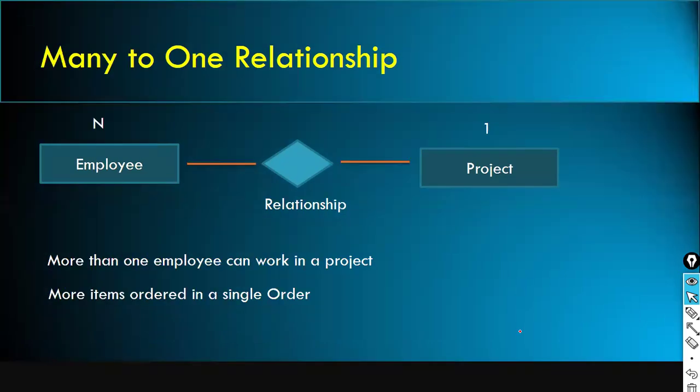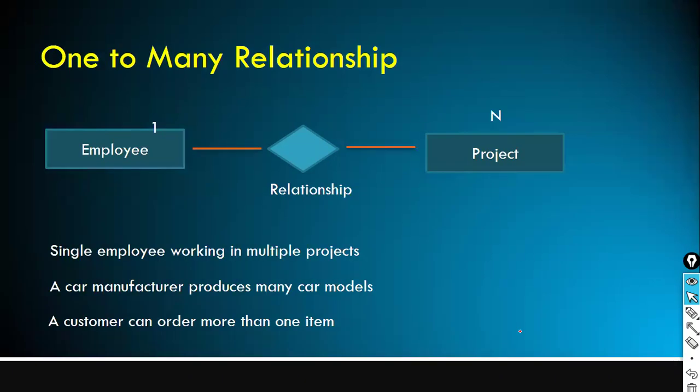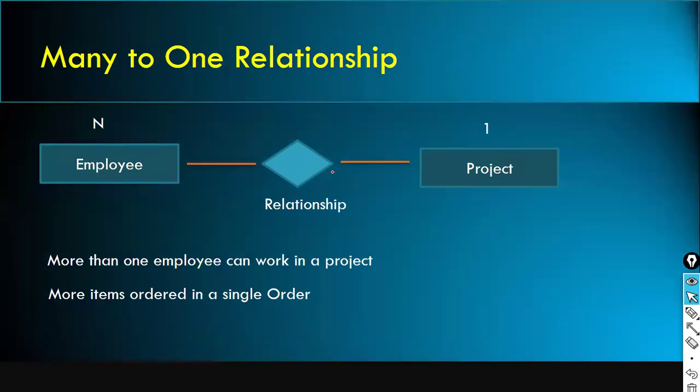What is many-to-one relationship? The opposite. Multiple employees are working in a project. For example, HDFC Bank, multiple employees are working in a single bank, right? That is an example for many-to-one relationship. Or in the case of a software project, multiple employees are working in a project.